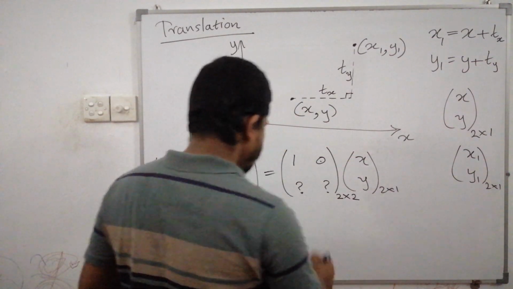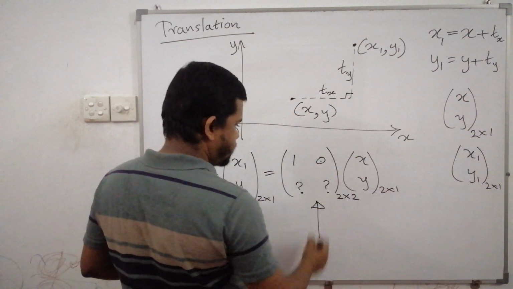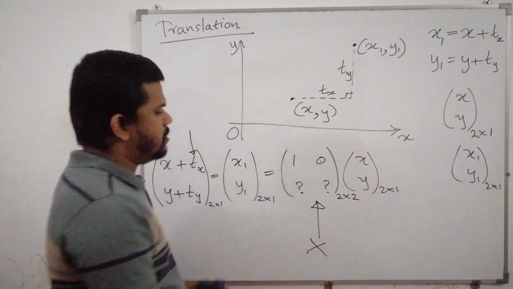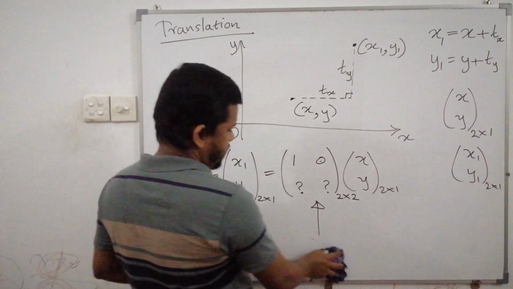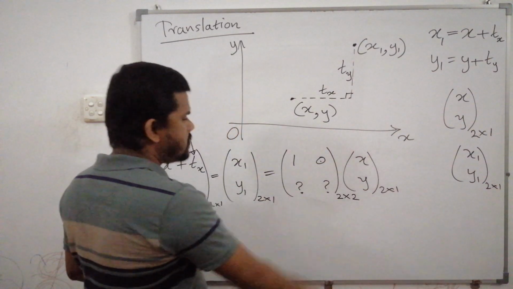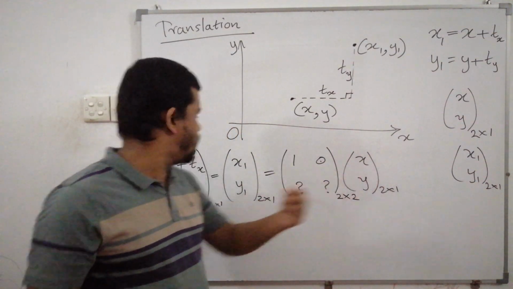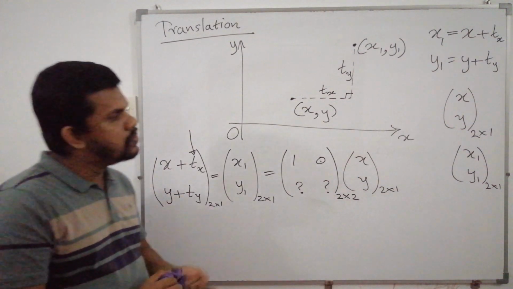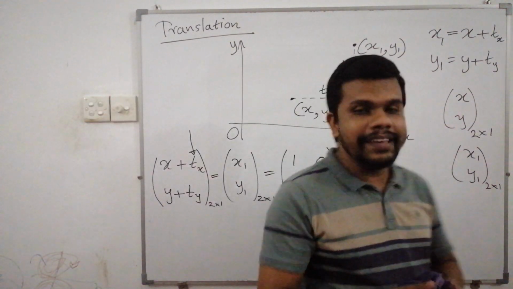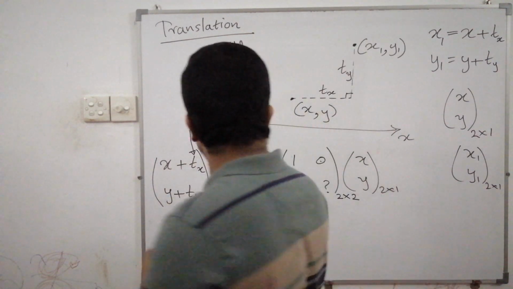Therefore, we cannot find a 2 cross 2 matrix that transforms this one to this. Therefore, we have to think, how can we do that?